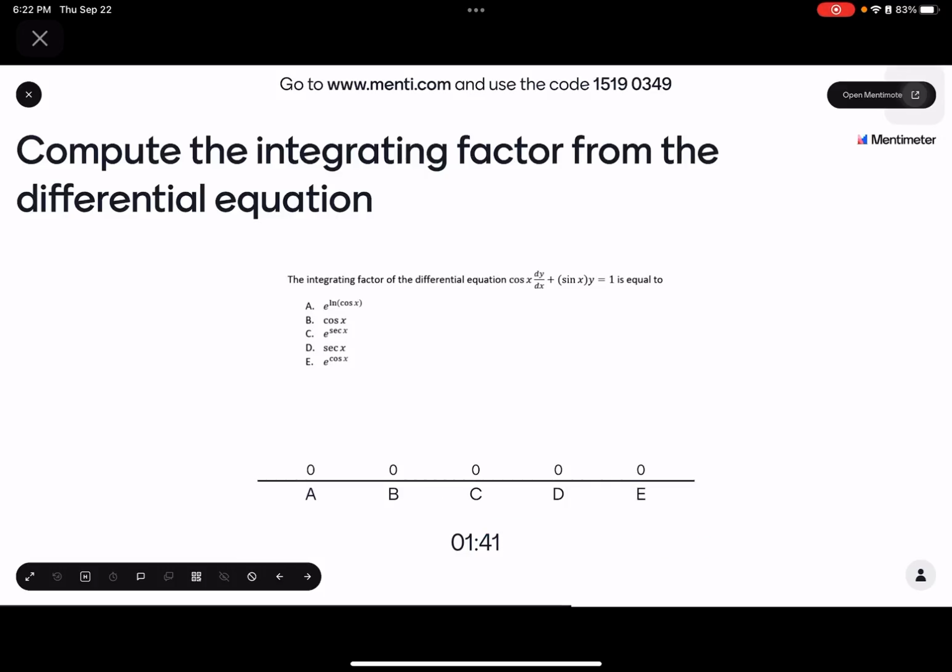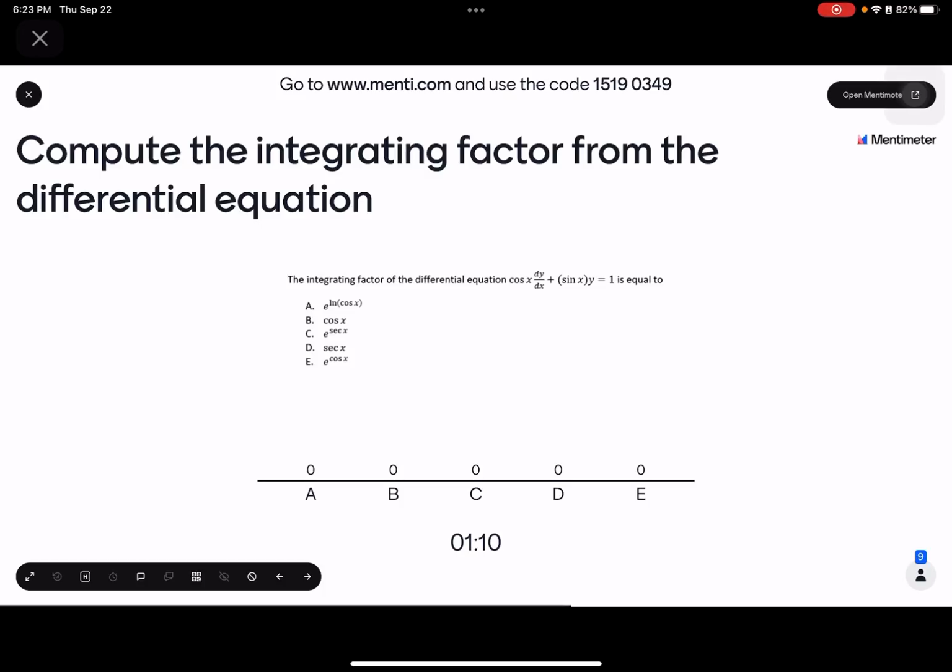Okay, just the integrating factor. The integrating factor of the differential equation cosine x dy/dx plus sine x times y equals 1.